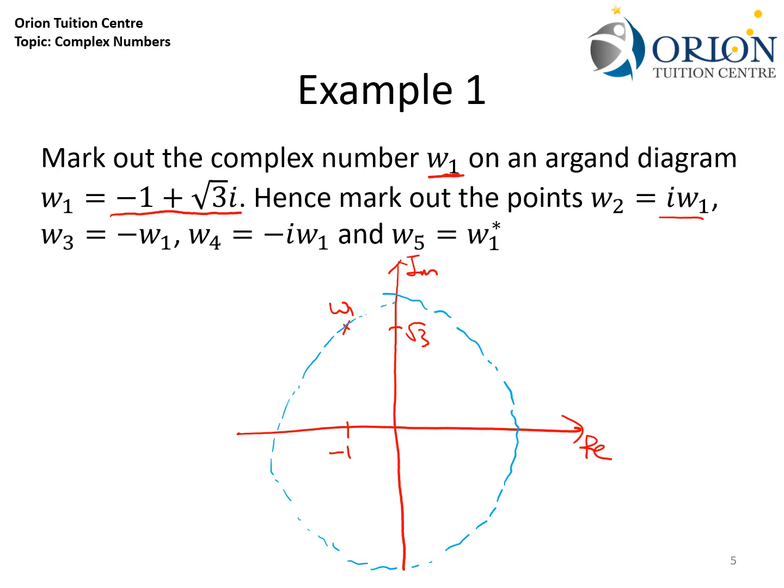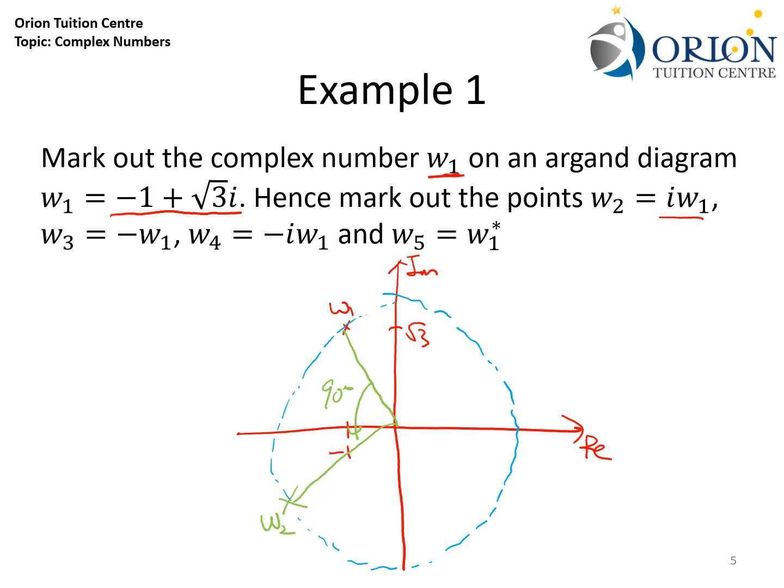And I know that this point w2 must lie on the circle. It is going to be somewhere over here, as it is a 90 degrees anti-clockwise rotation.